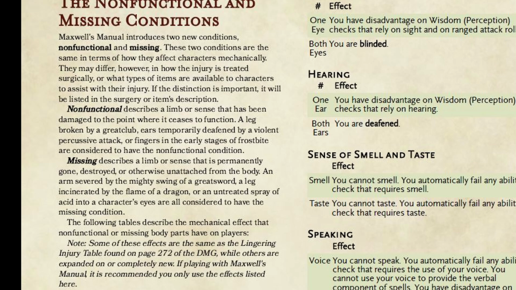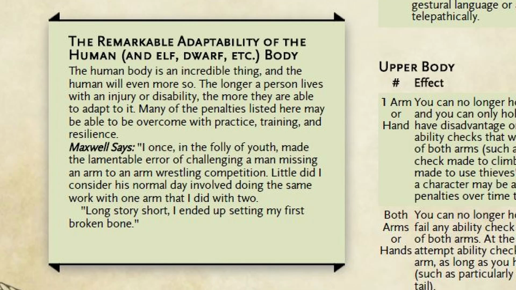Okay? But then there's stuff like the remarkable adaptability of a human or dwarf. Now, I am going to say this is important, but bear in mind that if you're using the deteriorating character theory, as I'm calling it, this can somewhat undermine that a little bit, but not entirely. One of my characters in my current campaign is one-legged.